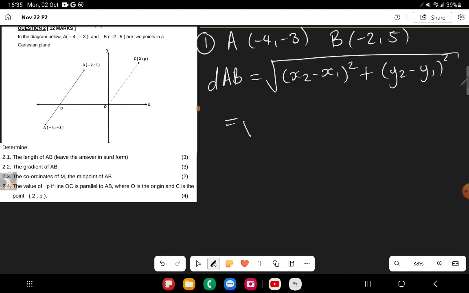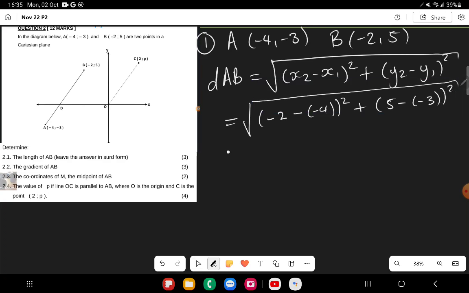Substitute values. I'm going to use B as 2 and A as 1. -2 minus -4 squared plus 5 minus -3 squared.